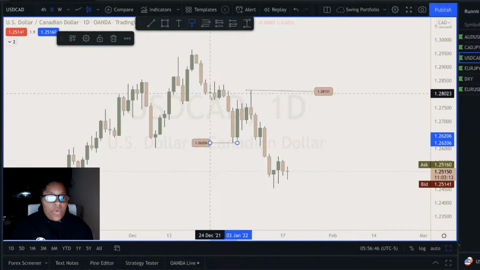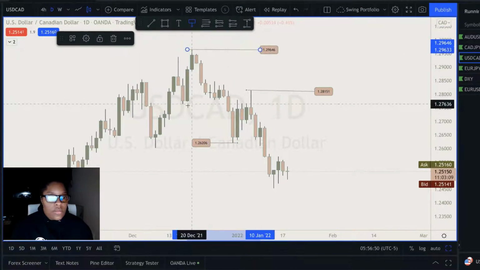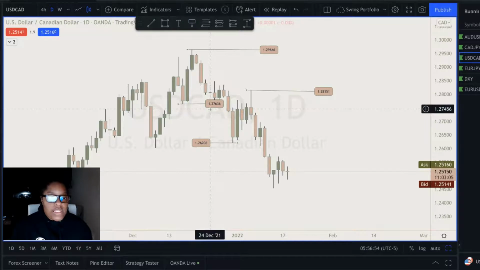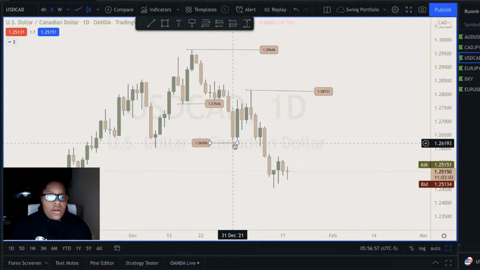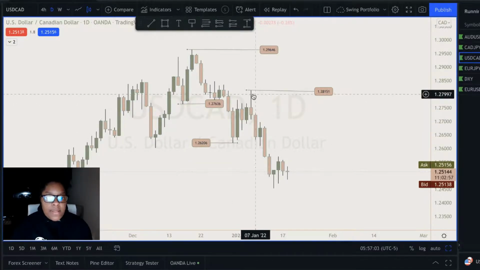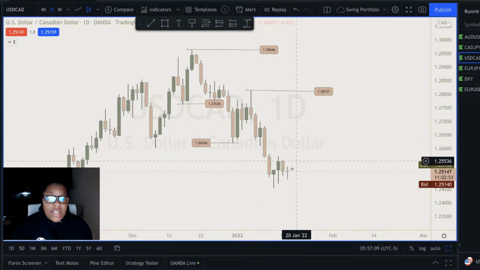Okay, starting from right here. So her last higher low was here at 127.636. She made a lower low here at 126.20. And I was telling my students back here, especially around the beginning of January, that if price stays below 129, she's going to decline. And she actually did decline.